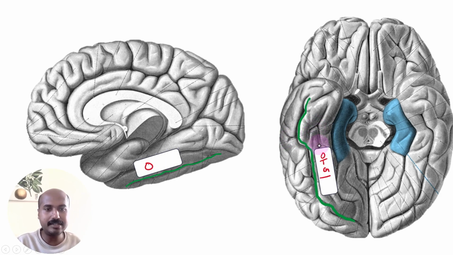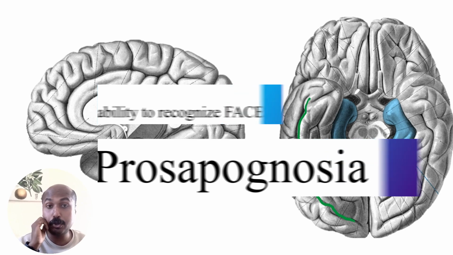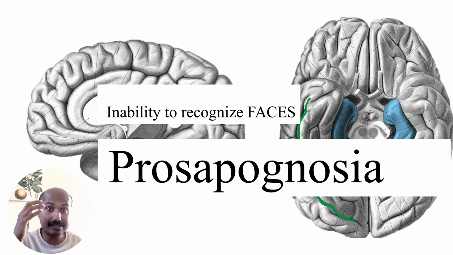The medial one is known as the Occipito Temporal Gyrus, also called the Fusiform Gyrus. The name Fusiform Gyrus is because it is fusiform in shape. It is an older name, and this is important in a condition called prosopagnosia, where you can't recognize the faces of people that you see. In that, this region is implicated.